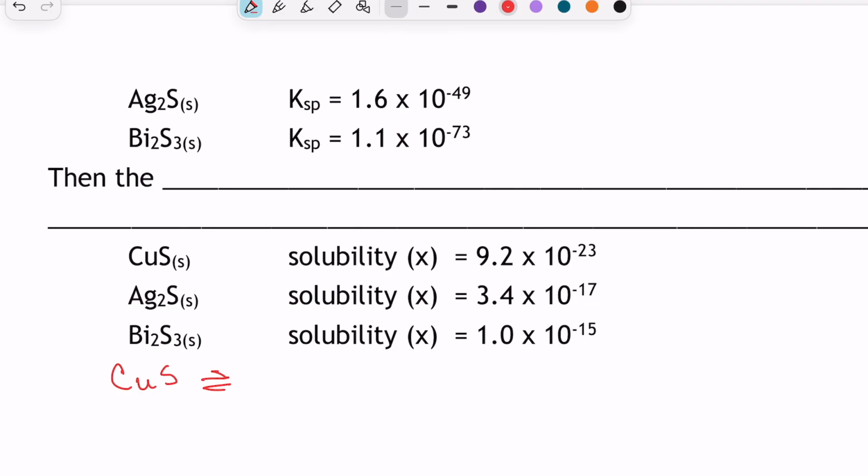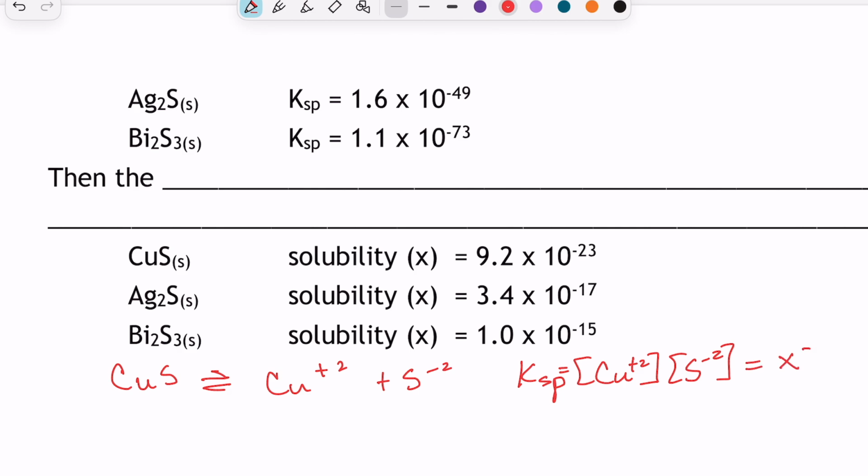When we do our equilibrium expression, we get Cu2+ plus S2-. Our Ksp is equal to Cu2+ times S2-. When we do our ice chart and everything, this comes out to be x squared, because it's a 1-to-1 ratio. We get x and x, so Ksp is equal to x squared.